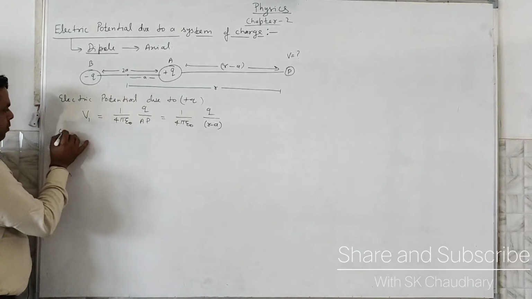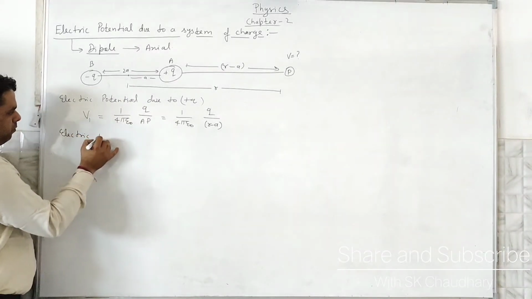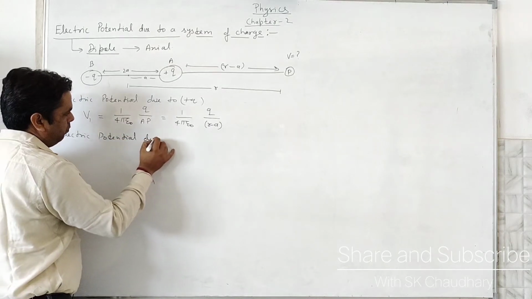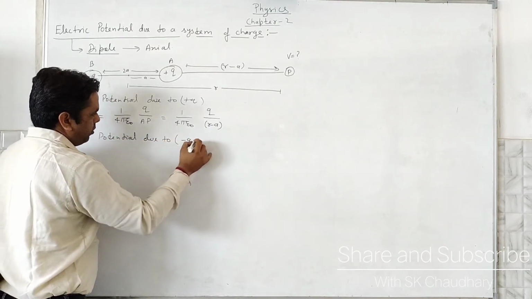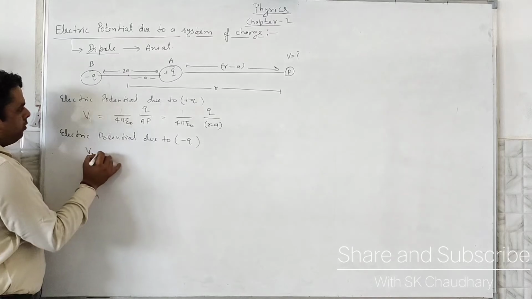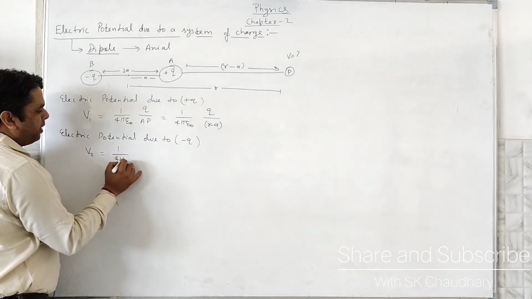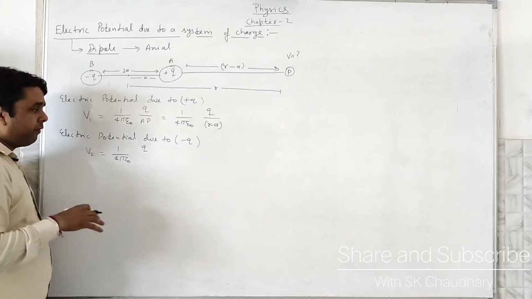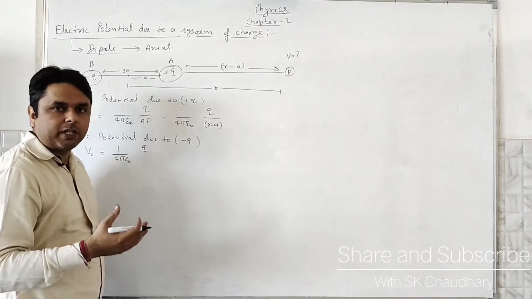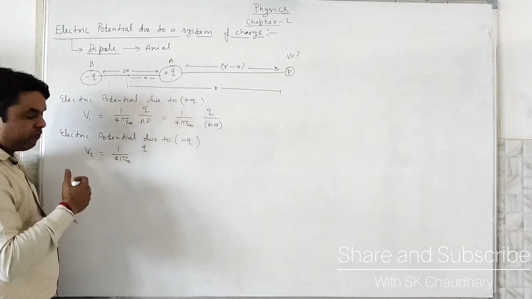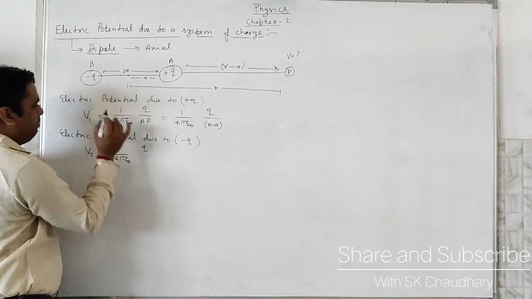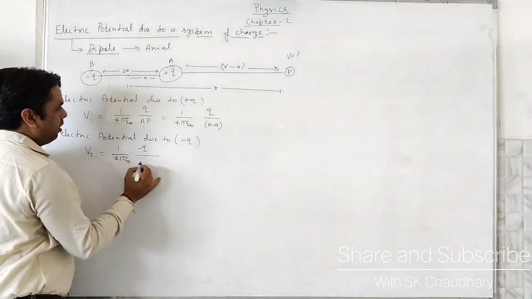Now the electric potential due to the negative charge. In a similar way V2 we will write as 1 upon 4 pi epsilon naught, the charge. You know that whenever we calculate the potential, it is a scalar quantity, and the sign of the charge will come with it. So it has the negative sign along with it.